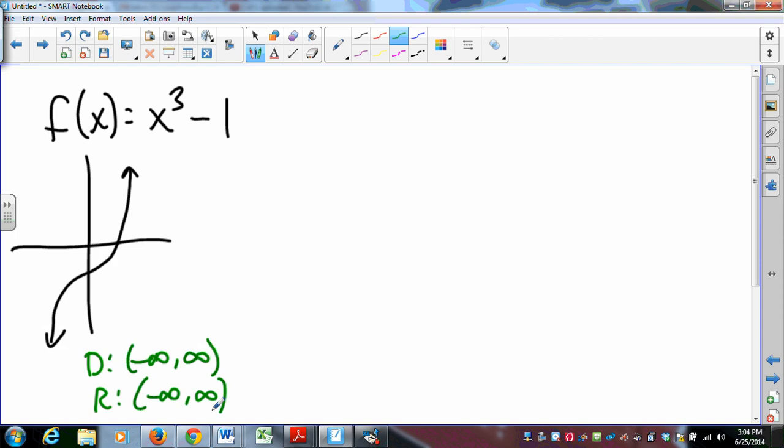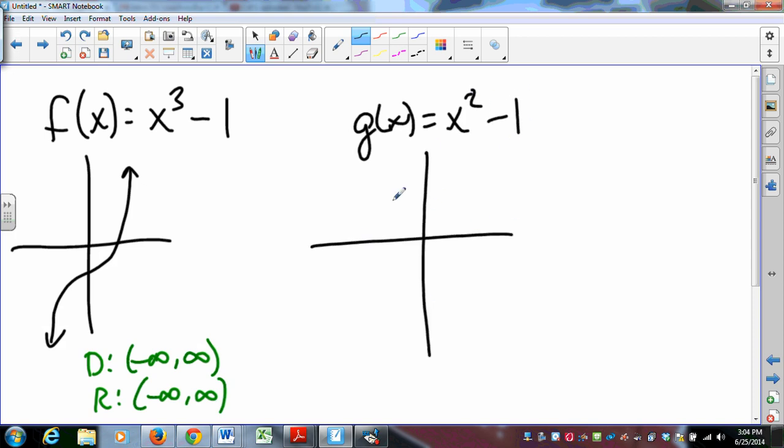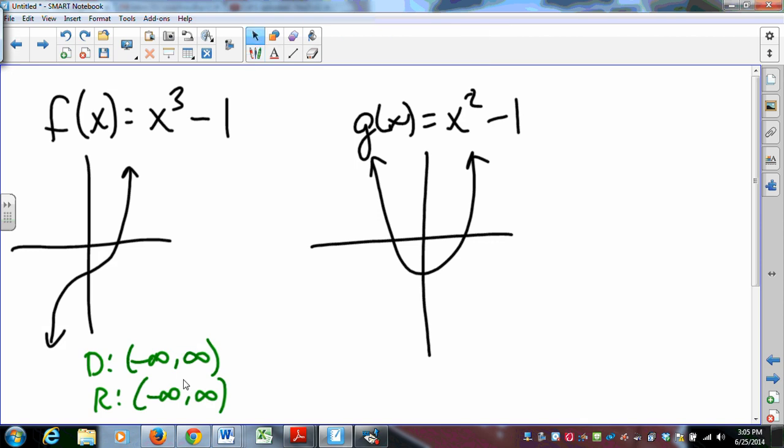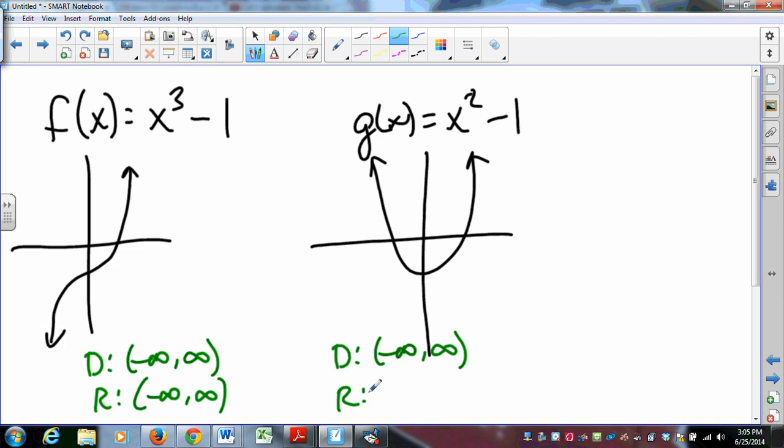But range does not always go like that, because we could just as easily take a look at x squared minus 1, which looks something like that, and see that, sure enough, the domain is negative infinity to infinity, but the range, now that's different. The range has a bottom at this y value, which happens to be negative 1, and then the range continues up for all values of y.